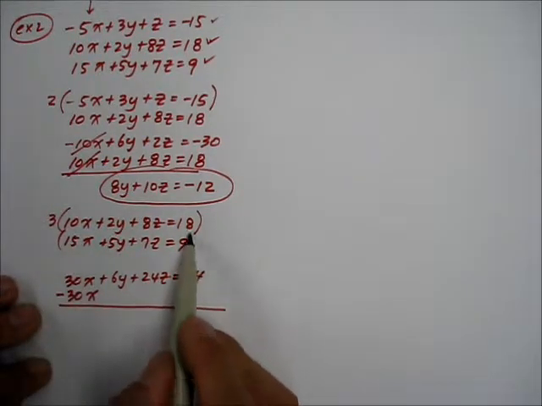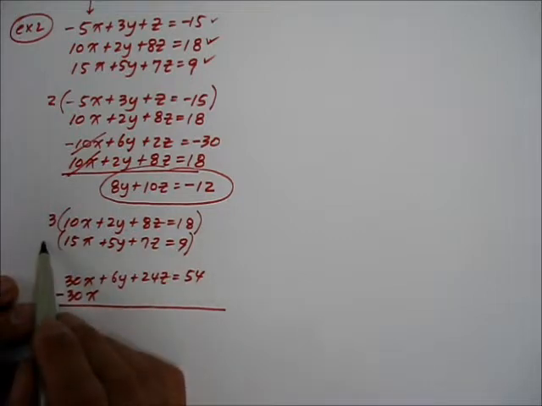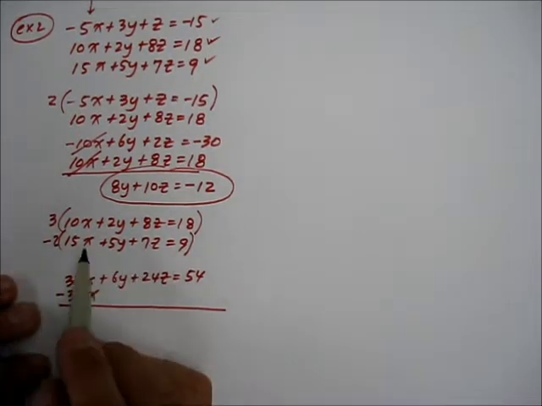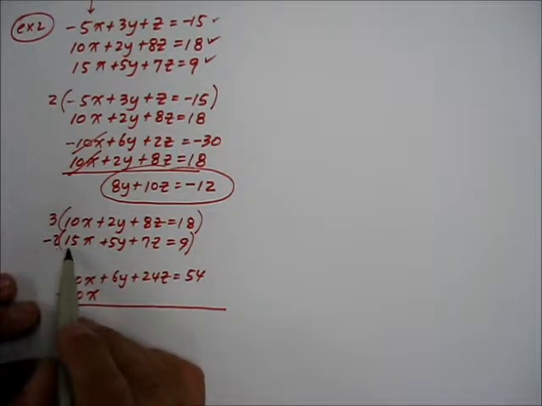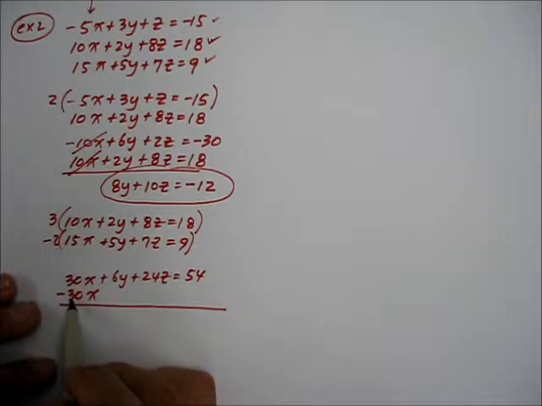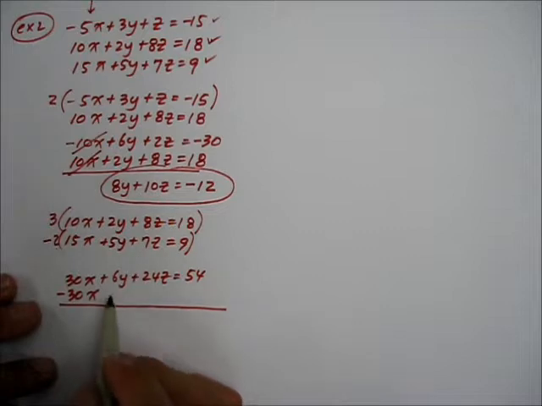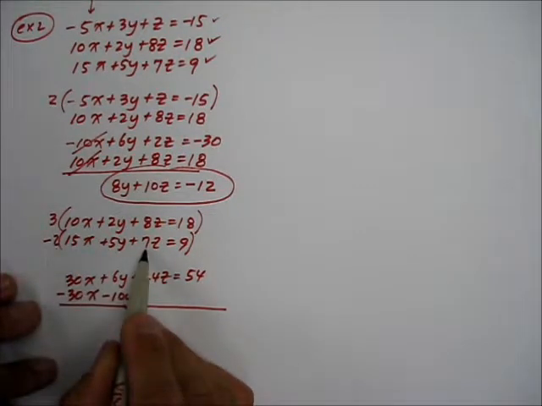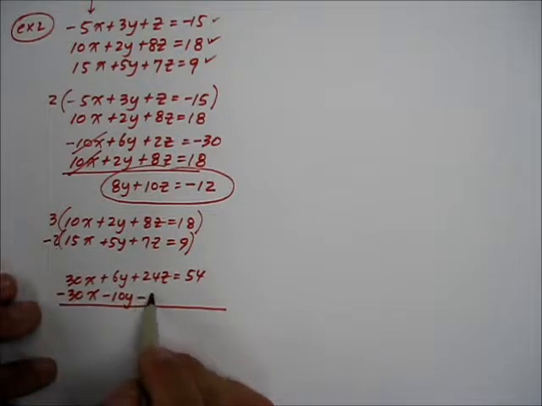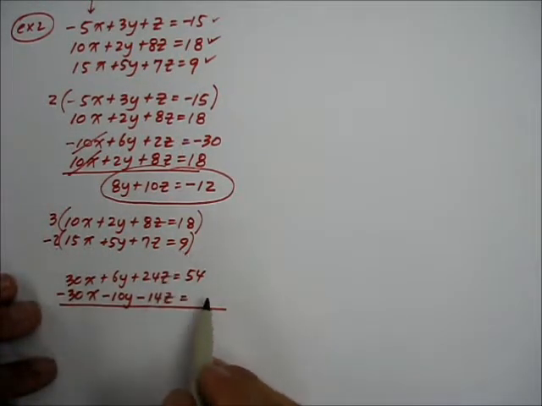Well, you have to multiply the entire equation by negative 2, because negative 2 times 15 is negative 30. As a result, negative 2 times positive 5y is negative 10y. Negative 2 times positive 7z is negative 14z. And that equals negative 2 times positive 9, which is negative 18.